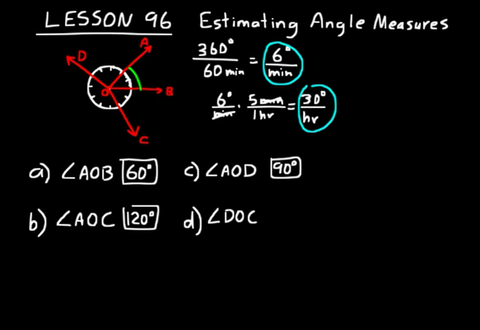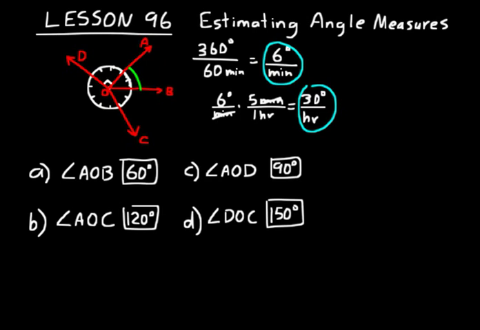And if you look at it, that makes sense, right? You could put a little right angle box there on the corner to notice that that is a right angle indeed. Now the last one, angle DOC. Just count hour marks up: 1, 2, 3, 4, 5. Times 30 would be 150 degrees. Almost a straight angle.